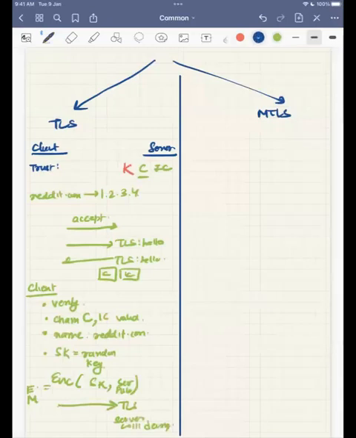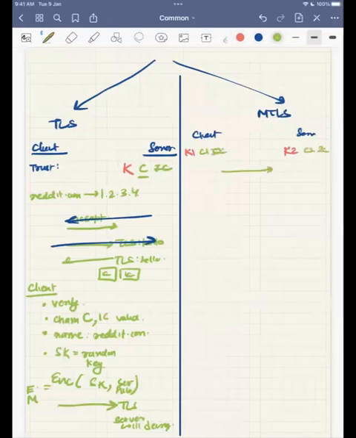So here there is one side in which the server sends the certificate and the client verifies whether the certificates are valid or not. Now in MTLS there is a two-way communication in which both the client and the server will send. Let's say we have client, we have server, we have K1, K2, then we have certificate 1 with intermediate certificate, certificate 2 with intermediate certificate.